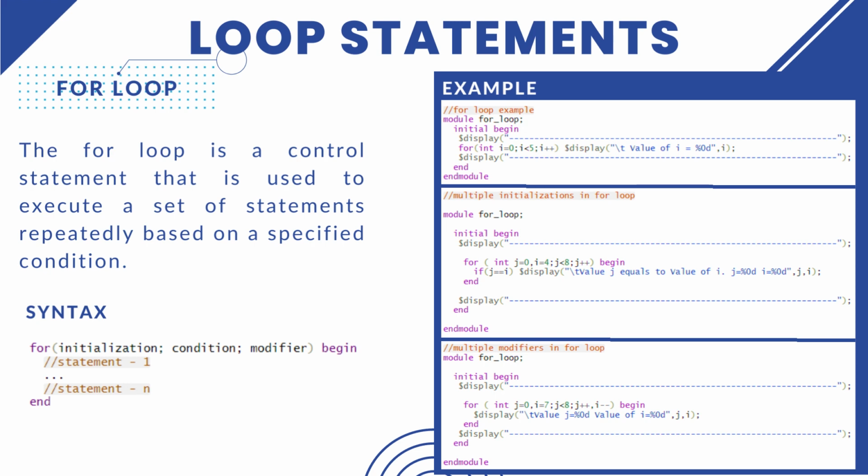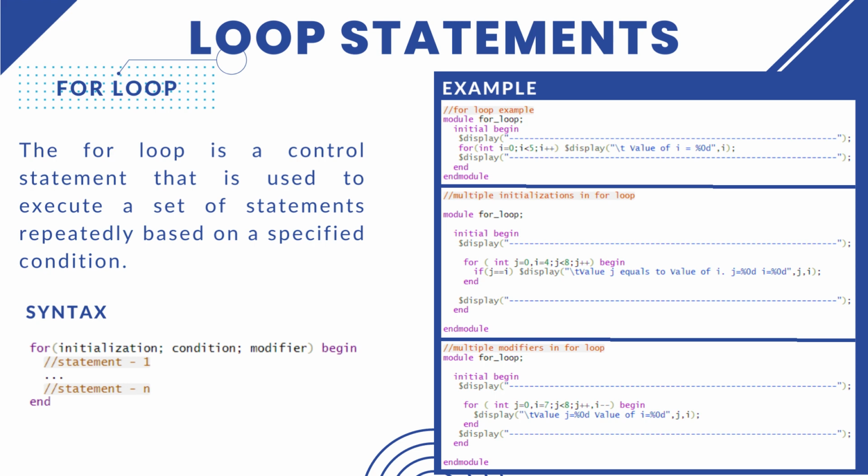This allows the user to declare and initialize loop control variables. Condition: the condition is evaluated. If it is true, the body of the loop is executed, else the flow jumps to the statement after the for loop. Modifier: at the end of each iteration, it will be executed and execution moves to the condition.